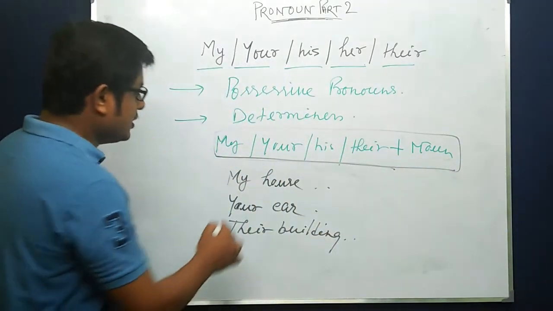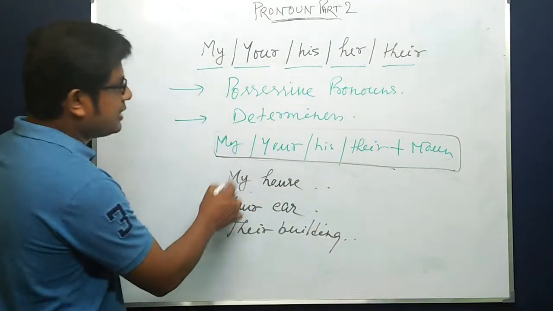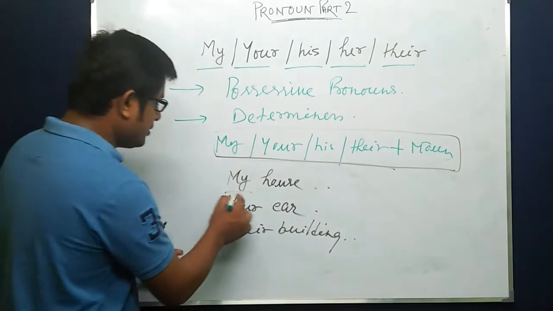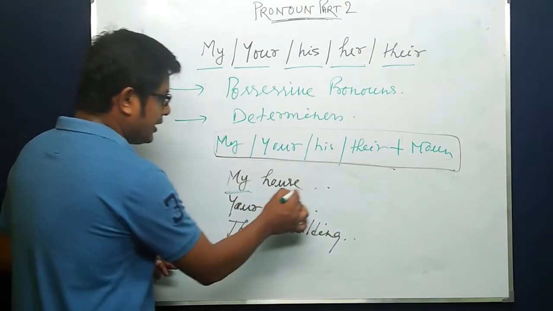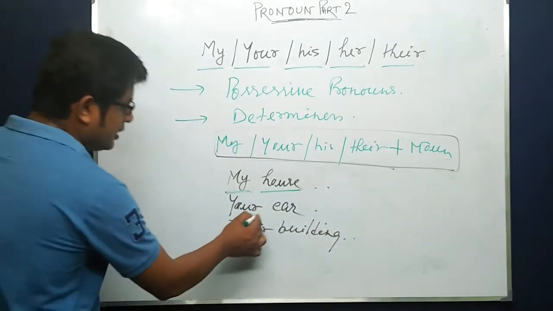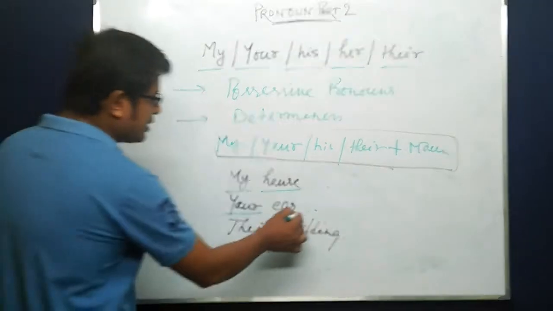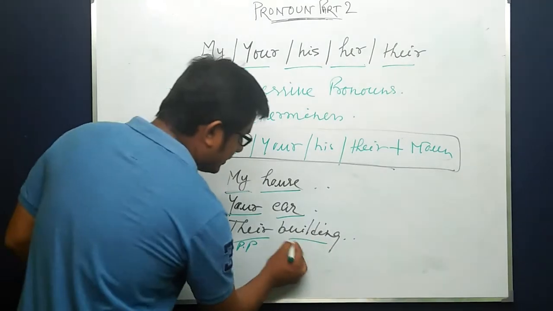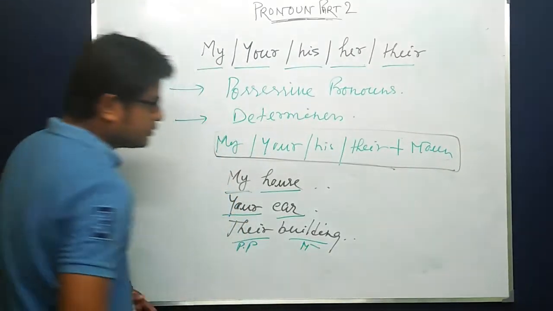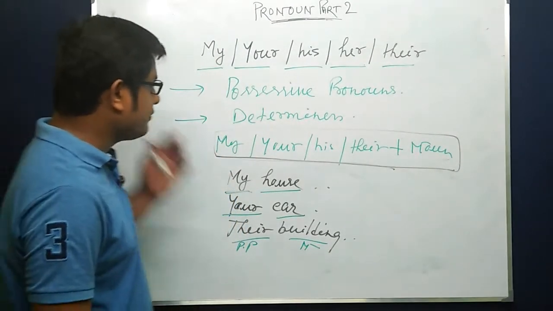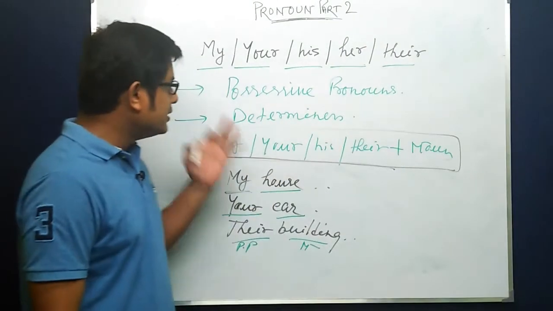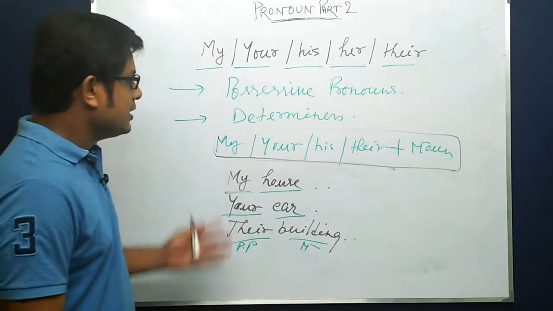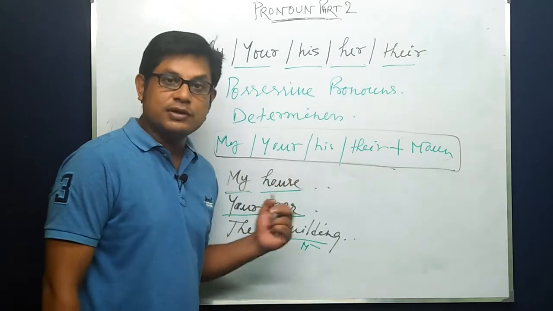So in my house, my is a pronoun and house is a noun. Again, your is a pronoun, car is a noun, their is a possessive pronoun, and building is a noun. So this is the way of using. Whenever you use these determiners, these possessive pronouns, then obviously use a noun after it.